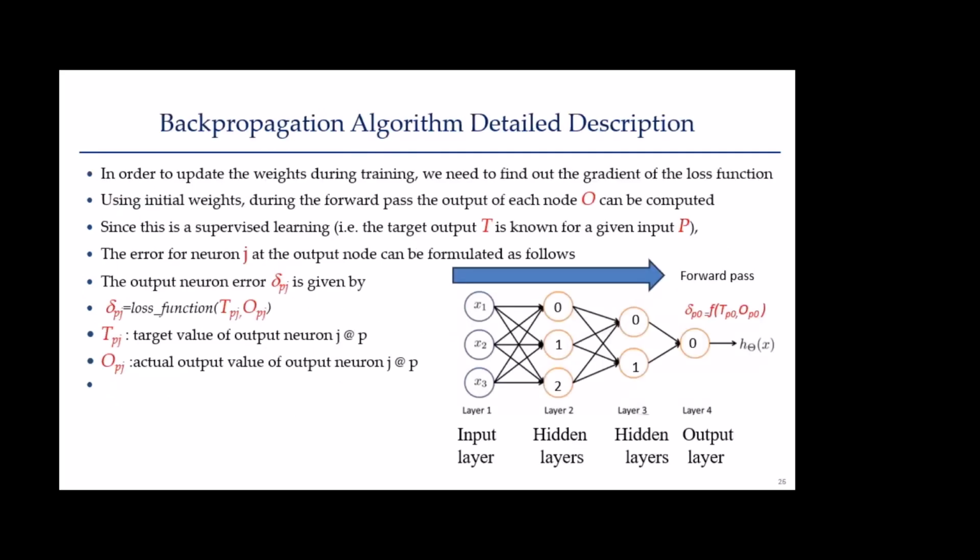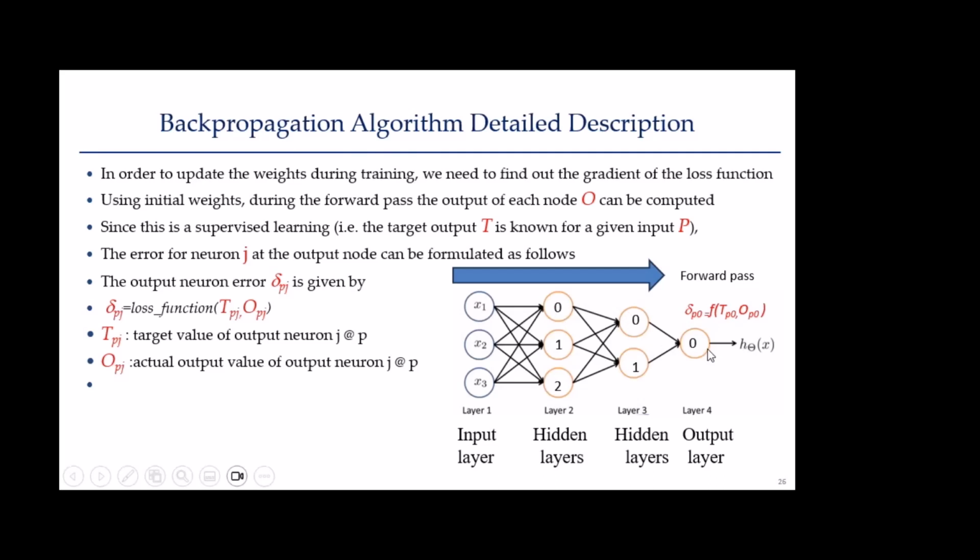So what is the backpropagation algorithm? The backpropagation algorithm tries to figure out the change or the gradient of the errors by going backward in the network. In general, during the training phase, which we call the forward pass, we're providing input data through the input layer, and this data keeps propagating through hidden layers until it reaches the output.